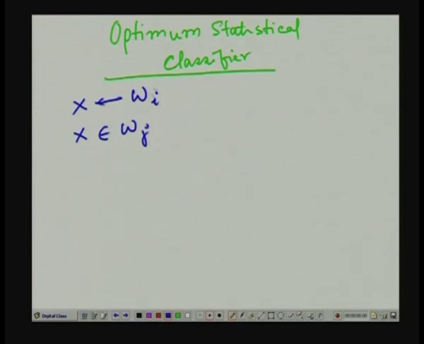So, x has been generated from class omega i, but the classifier has decided wrongly that it belongs to class omega j. Once there is such a wrong decision, the classifier incurs a loss. We represent this loss by L i j, that means, the loss incurred for taking a decision in favor of class omega j when the actual class is omega i.